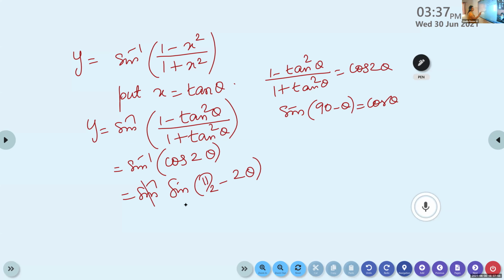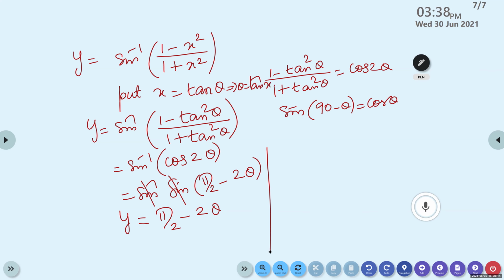Now sine inverse and sine will get cancelled. We get y is equal to pi by 2 minus 2 theta. X is tan theta means theta is tan inverse of x. So when you substitute it, y is pi by 2 minus 2 tan inverse of x.